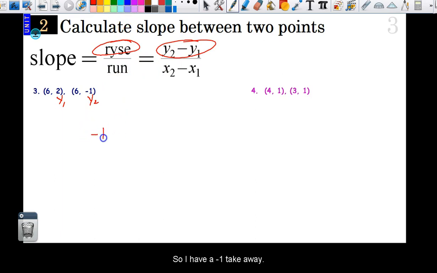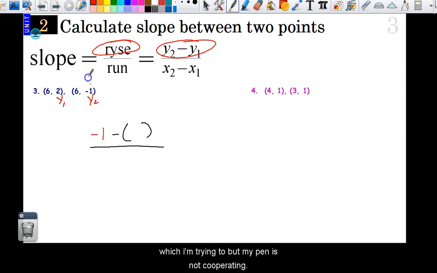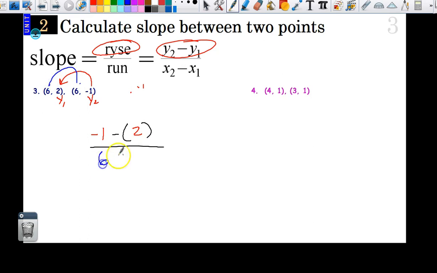So I have -1 take away, put the framework in there, -1 take away, and notice how I link these together, at least I'm trying to, but my pen's not cooperating. -1 take away +2, then I have 6 minus 6. And again, I put the framework in to help myself remember what the sign was. -1 minus 2, -3. 6 minus 6 is 0.